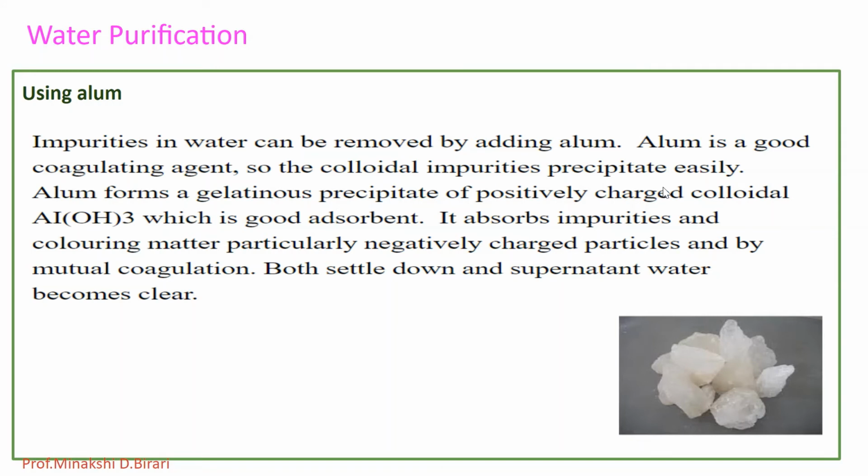Alum forms a gelatinous precipitate of positively charged colloidal material, that is Al(OH)3, which is a good adsorbent. It adsorbs the impurities and coloring matter, particularly negatively charged particles, and by mutual coagulation both settle down and the supernatant water becomes clear. So to remove the impurities, the alum is also useful.